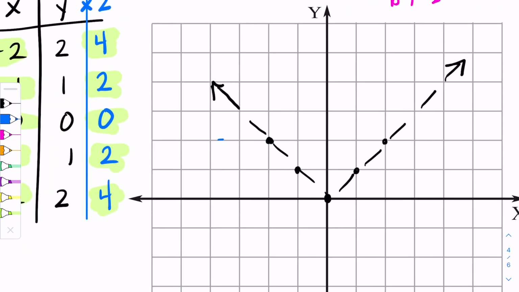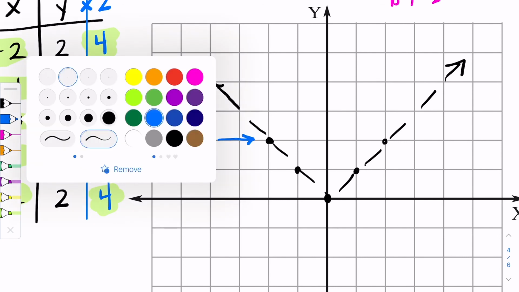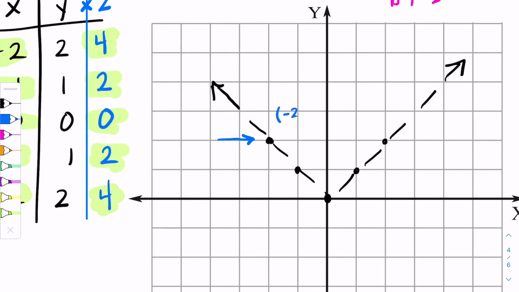All right, here we have a point at -2, 2. If we look at our y value, 2 times 1/2 or 2 divided by 2 is 1. This point, same x value, graphed at 1.